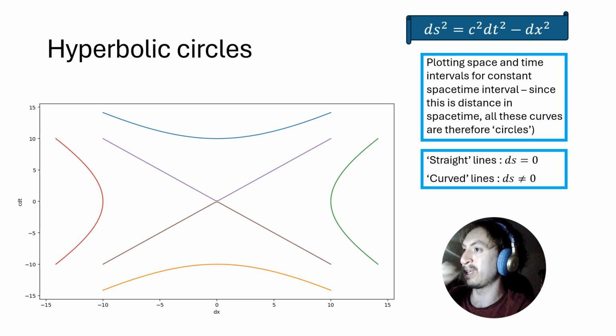The only point which has 0 distance from the origin in Euclidean space is the origin itself. All other points are at a non-zero distance from the origin. However, that's clearly not the case with hyperbolic space, as we can see.